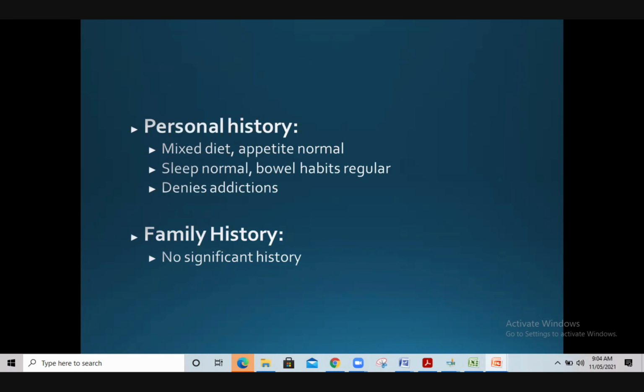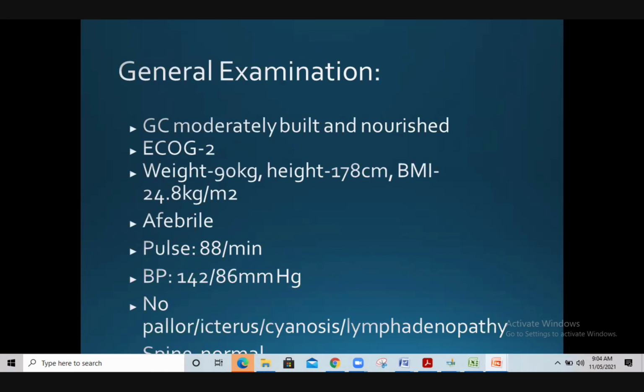Personal history and family history is not significant much. General examination, patient is ECOG 2 with a weight of 90 kg and BMI of 24.8, pulse of 88 per minute.